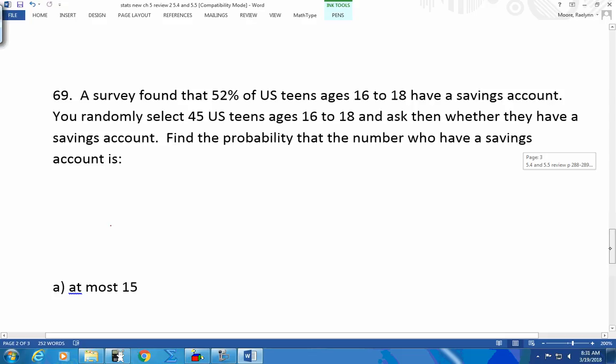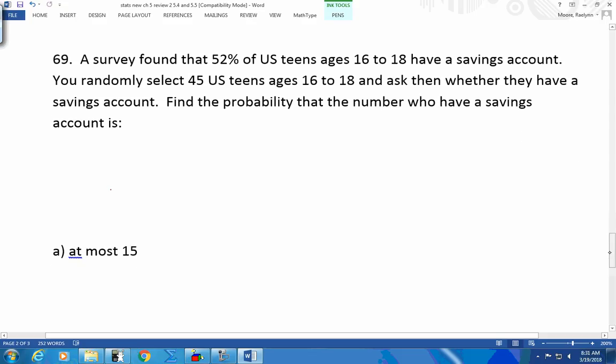So let's do one of these. A survey found that 52% of U.S. teens age 16 to 18. The 16 to 18 is an important part to know, but it doesn't affect my calculations. You randomly select 45 U.S. teens, and you ask them whether they have a savings account.